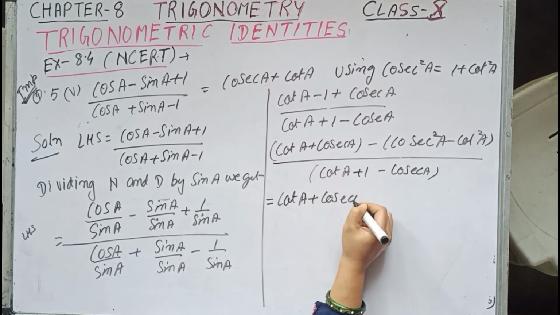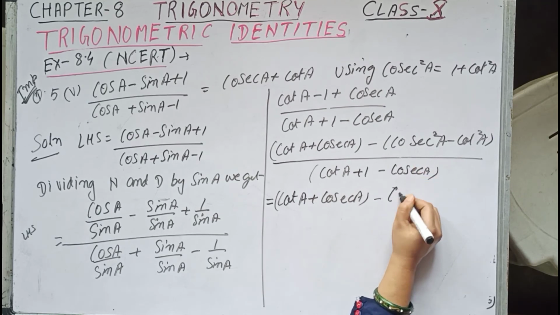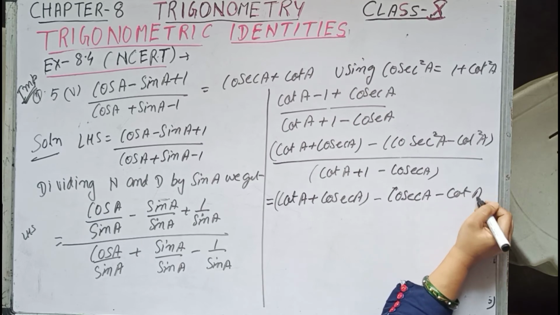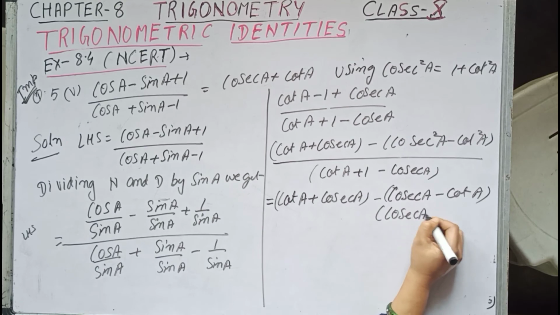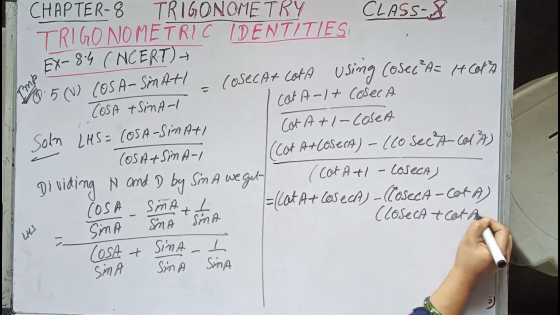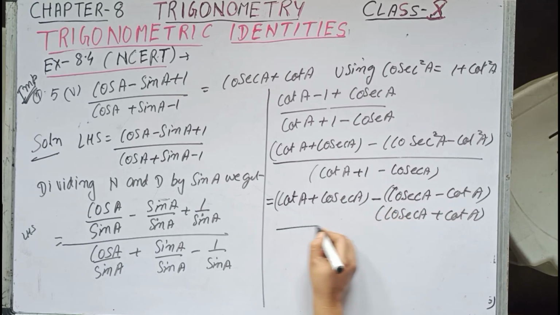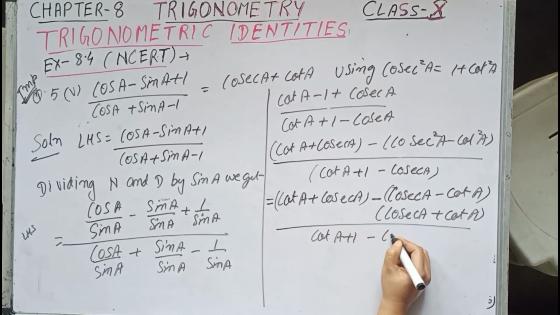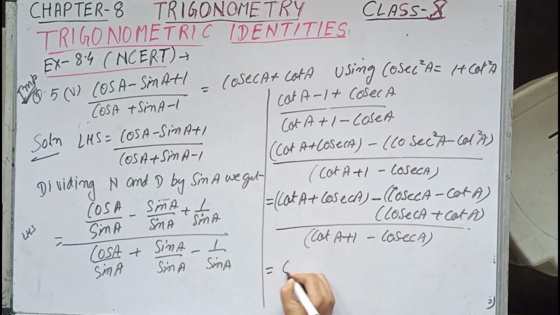First let us write this cosec A, and using the identity A square minus B square, I can write this as cosec A minus cot A, that is A minus B, into A plus B, and the minus sign is there, divided by the same thing, cot A plus 1 minus cosec A. Now see children, A plus B and A plus B is common, so we can take it outside.